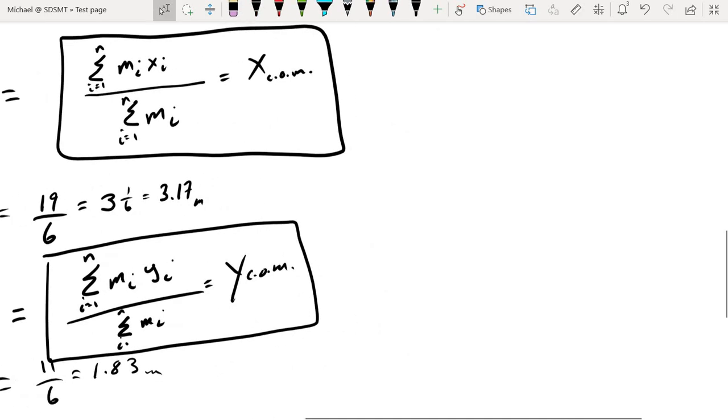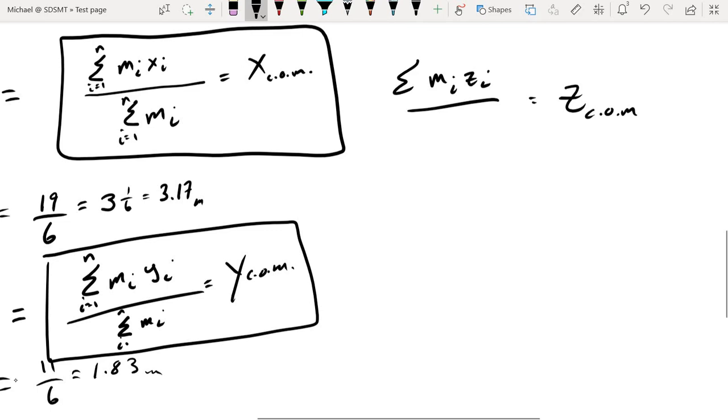Well, that was a 2D system. What happens if you have a 3D system? Well, if you have a 3D system, I guess that means you have a Z-axis somewhere. But that's not going to change the structure of these equations.